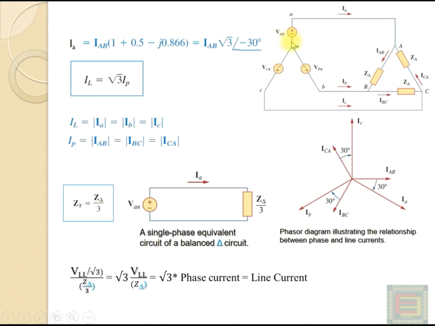And as we have seen in case of a balanced star connected load, the phase current will be the same as the line current, and the line current will be obtained by the phase voltage, that is VLL by root 3, divided by the impedance in each branch. In this case of a star equivalent of this delta connected load, the per phase impedance will be Z delta by 3, and that is the relation which we have used here. VLL by root 3 is the phase to neutral voltage divided by the branch impedance of the equivalent star connected load, and from this relation you get this.